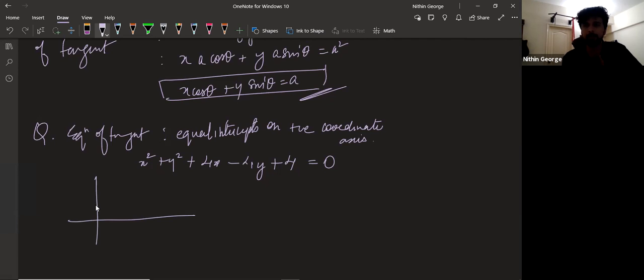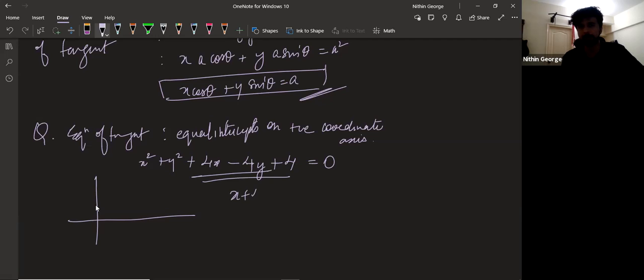You understood the standard way of finding the equation of tangent, right? You have some circle here. Is it in the standard form? No, it's in the general form.